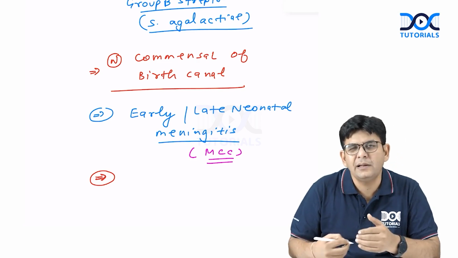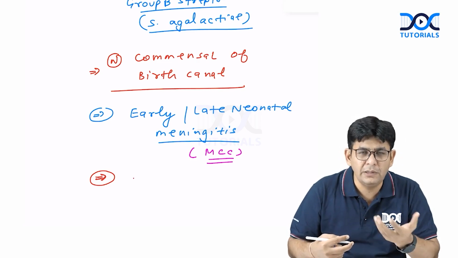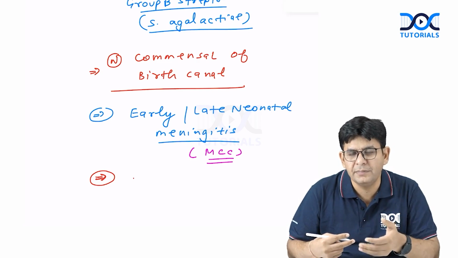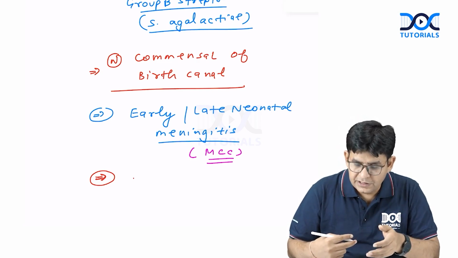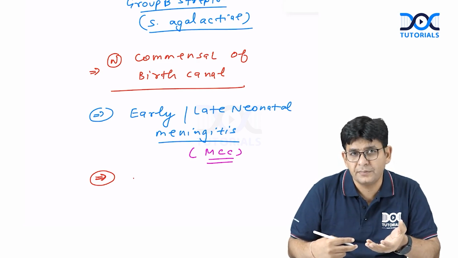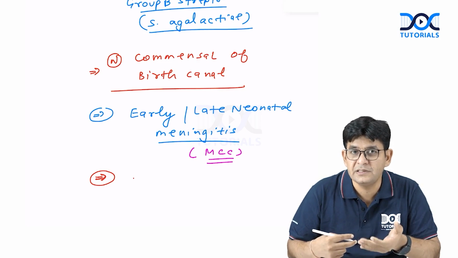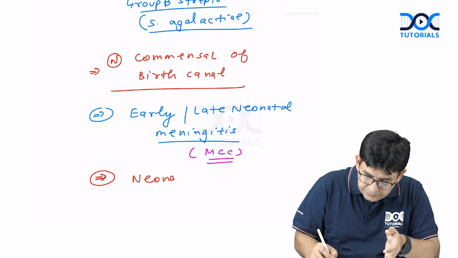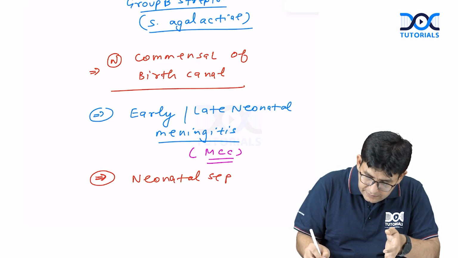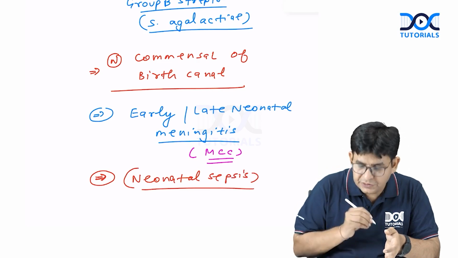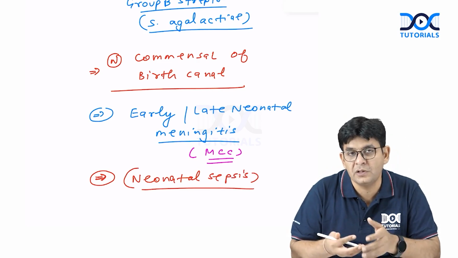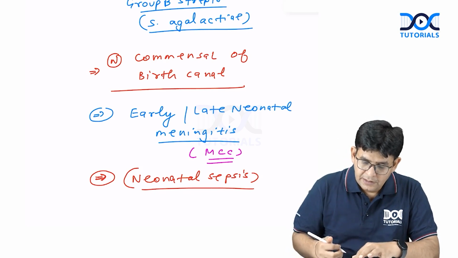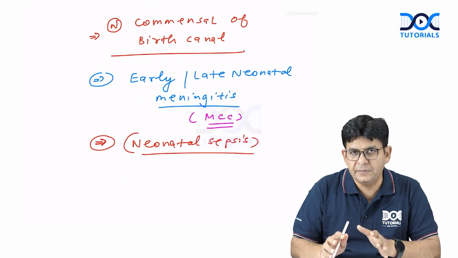It can be associated with endocarditis sometimes, rarely, but it can. It is also associated with sepsis. It is one of the common causes of neonatal sepsis. So all these things are caused by this GBS.